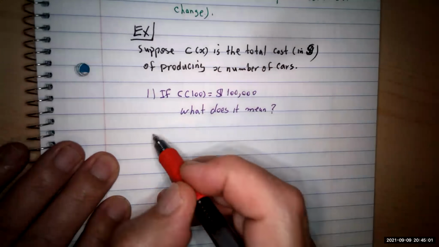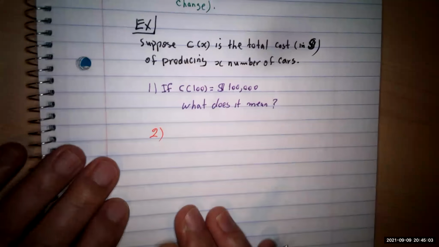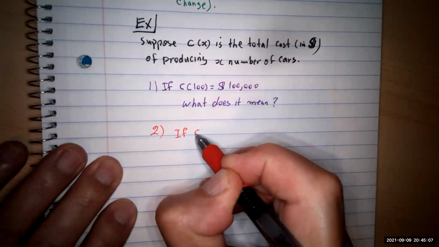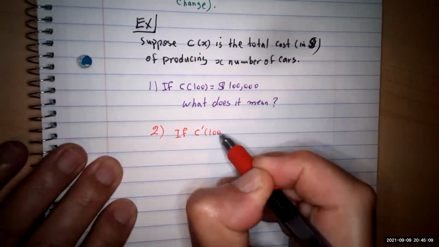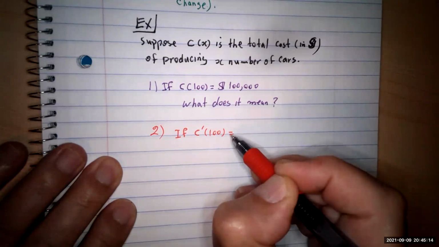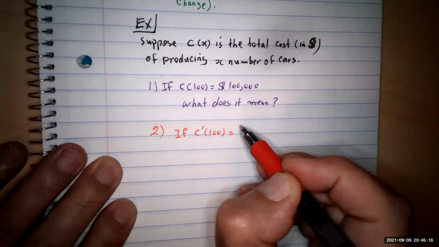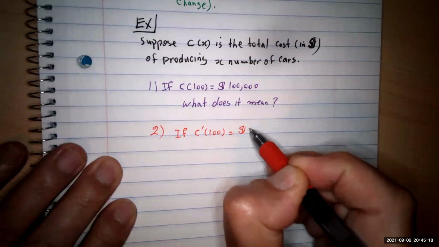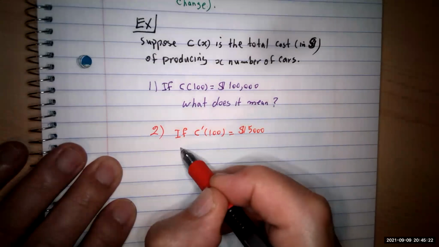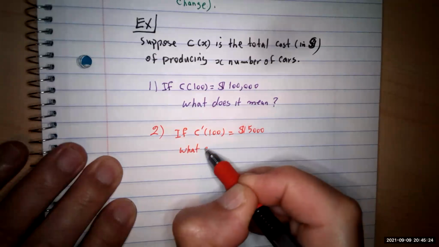The second one: if C prime of 100 is equal to $5,000, we want to know what does it mean?